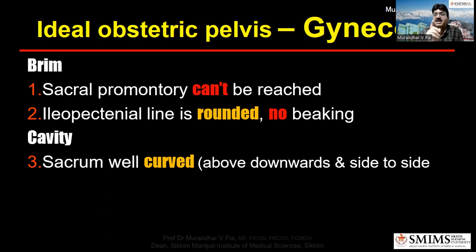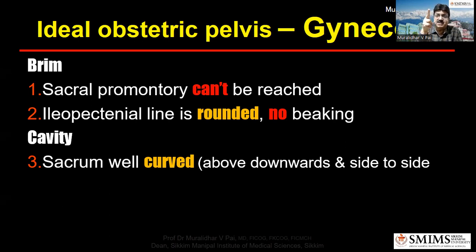All of you know that the rotation mainly occurs at the ischial spine level. Ischial spine level has got so many important aspects. That's the level where we can also think of the engagement of the head, isn't it? The head, or whichever is the presenting part, has to reach the ischial spine. And that's a place where the rotation also takes place, or the head gets stuck in a deep transverse arrest. So sacrum should be well curved above, downwards, and sideways.